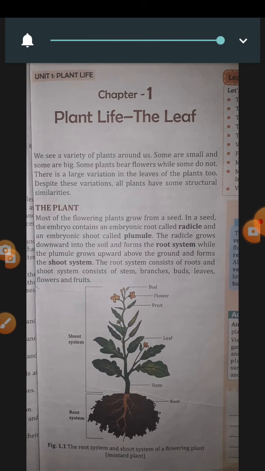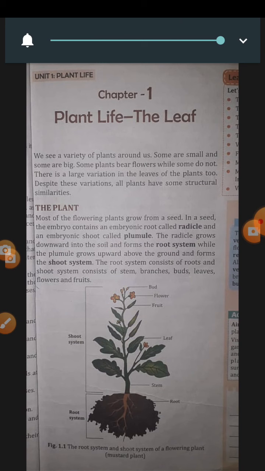For understanding the leaf, first of all, we study about the plant. As we all know, mostly plants grow from seed. So seed contains mainly two parts, that is radicle and plumule. The radicle grows into the root system while the plumule grows into the shoot system.